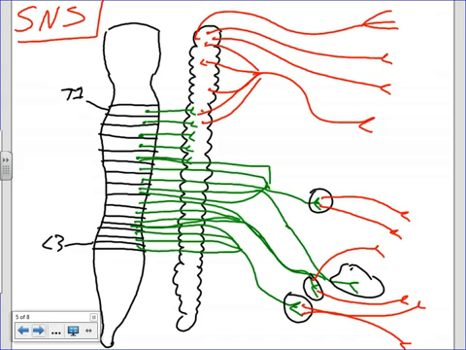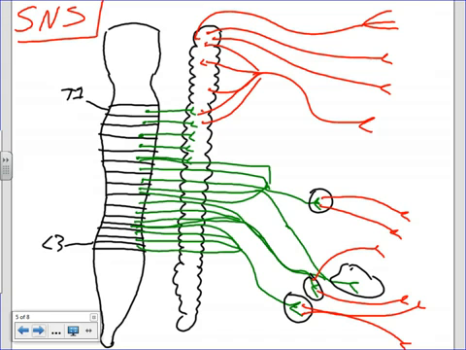Hopefully you've got a textbook or something open in front of you so you can see better images than this. What we're looking at here is a very poorly drawn version of the sympathetic nervous system. Again, I'm not very keen on my art.